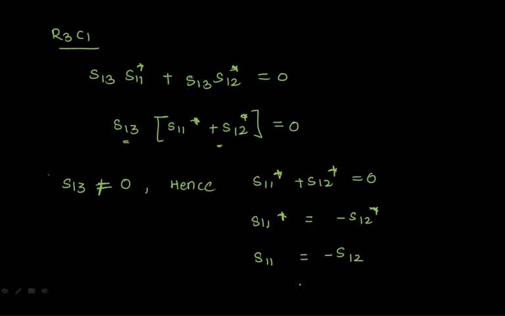Then I can say S11 is equal to minus S12. If you are having this kind of relation, just put it in equation number 1. So we know equation number 1: S11 mod square plus S12 mod square plus S13 mod square is equal to 1. S13 we have found out, that is nothing but 1 by root 2.